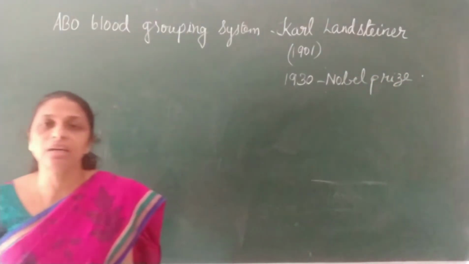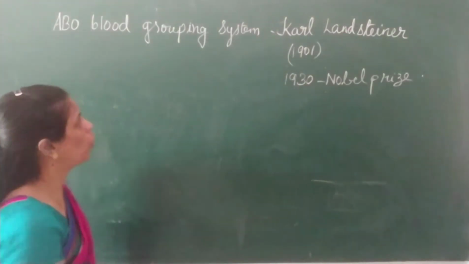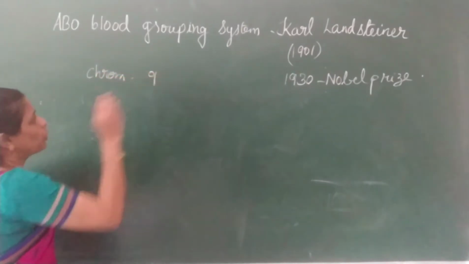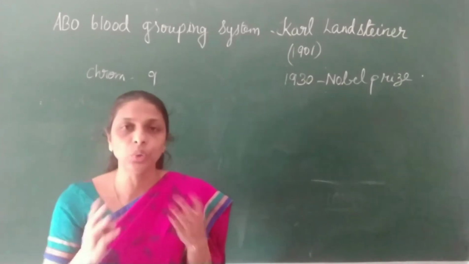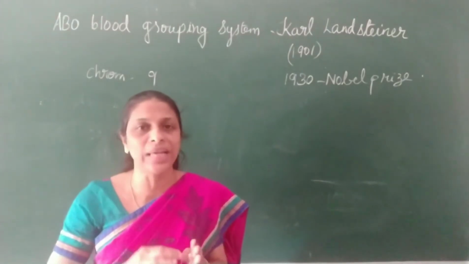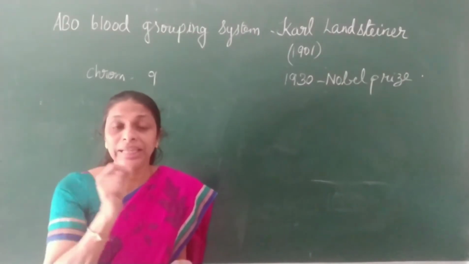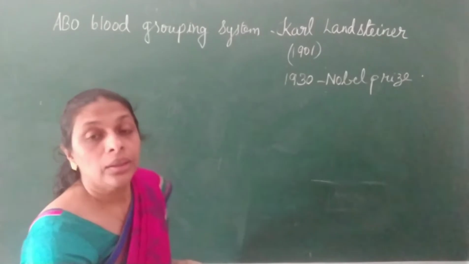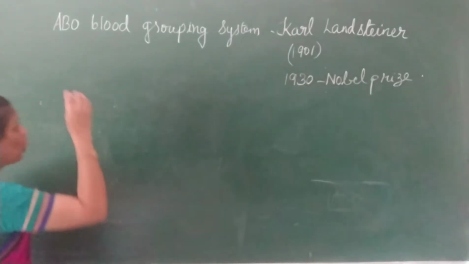Karl Landsteiner found that on chromosome number 9 in human beings, which is an autosome, I hope you know there are two types of chromosomes, that is autosomes and allosomes. On chromosome number 9, there is a gene which is responsible for the ABO blood grouping.